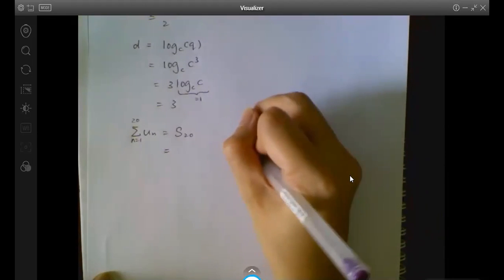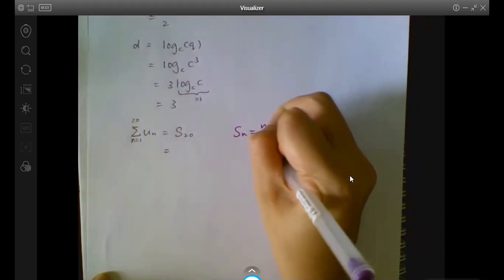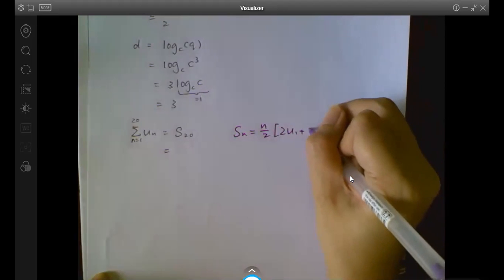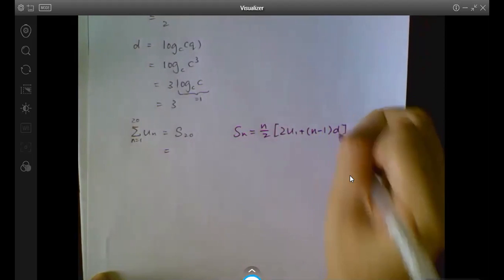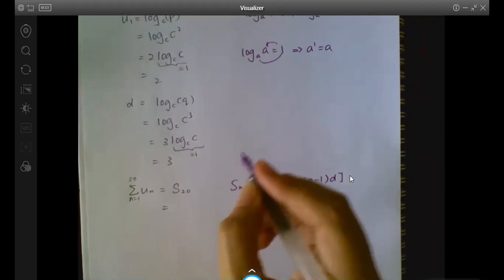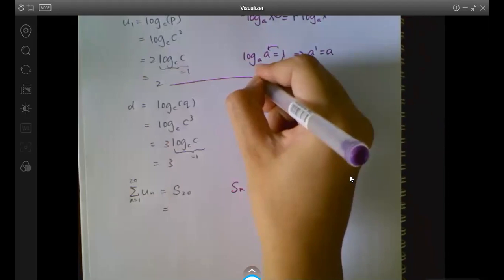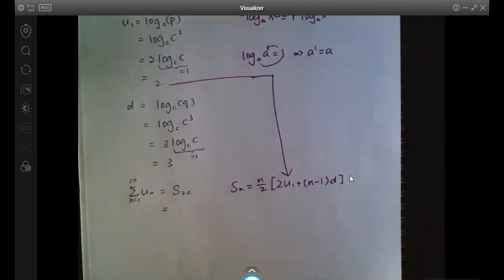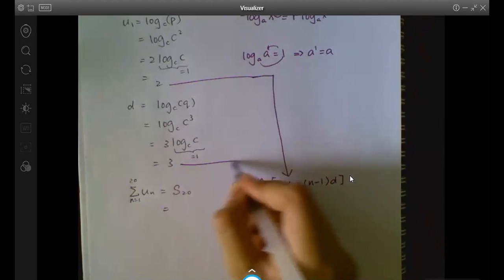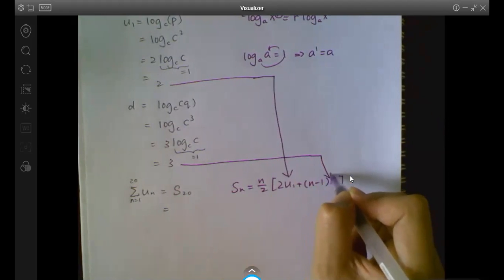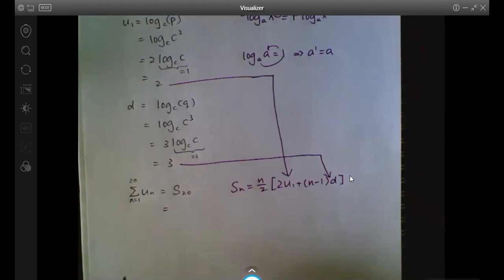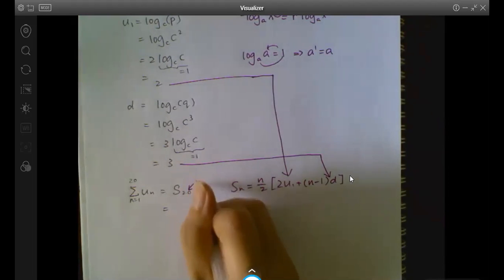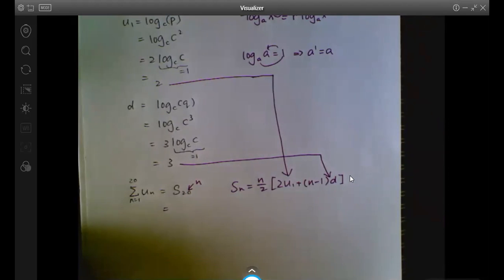So if we use the formula as I have written earlier, we will be putting in the numbers we just found. u1 is 2, and d is 3, and n is 20. All right, let's do that.